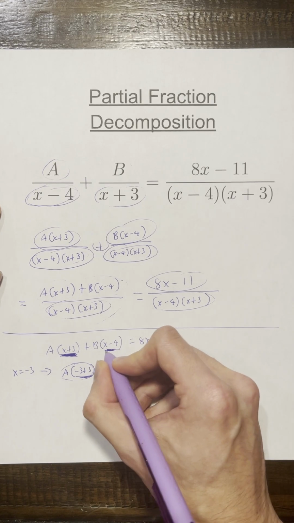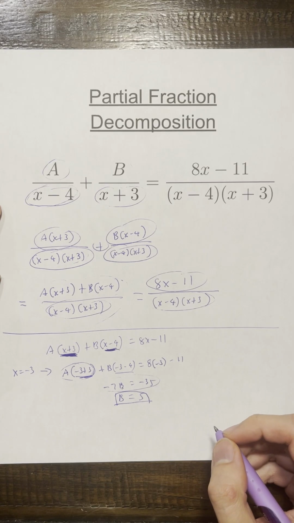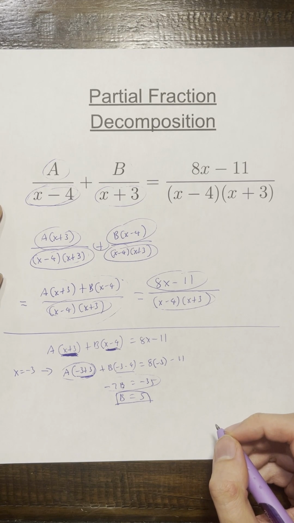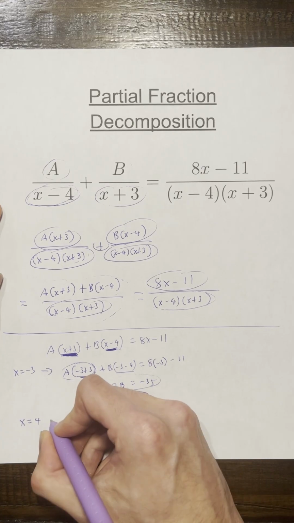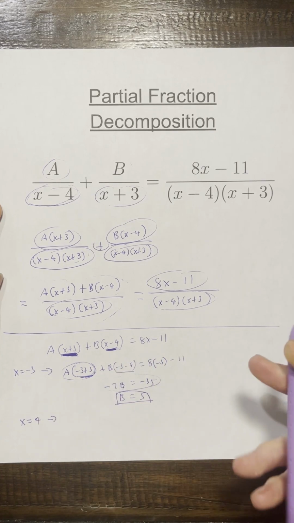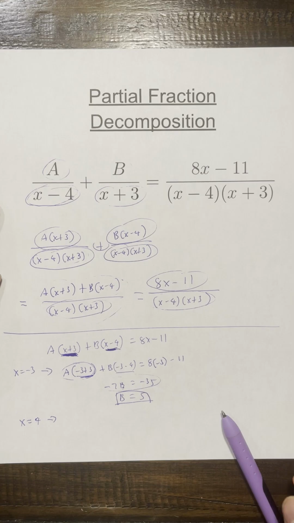Okay, so if this is equal to 0, what does x have to be? Okay, so x has to be 4, and I'll give you a second to pause the video and figure out what a is on your own.